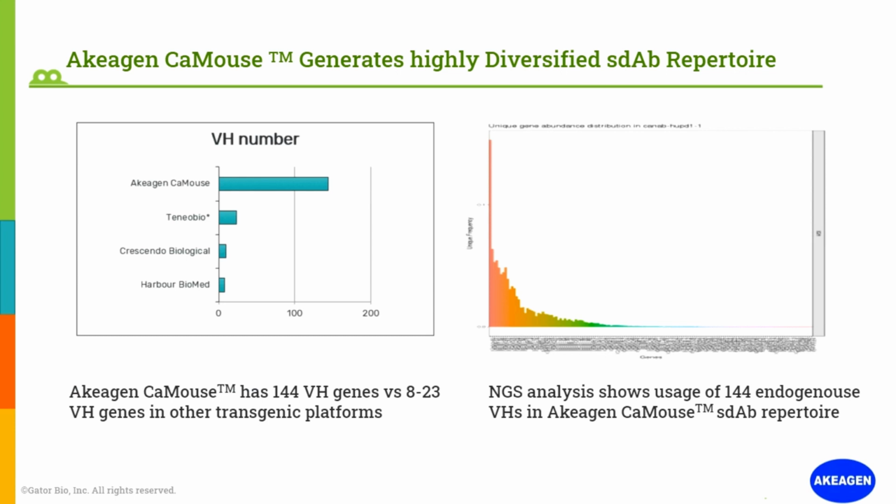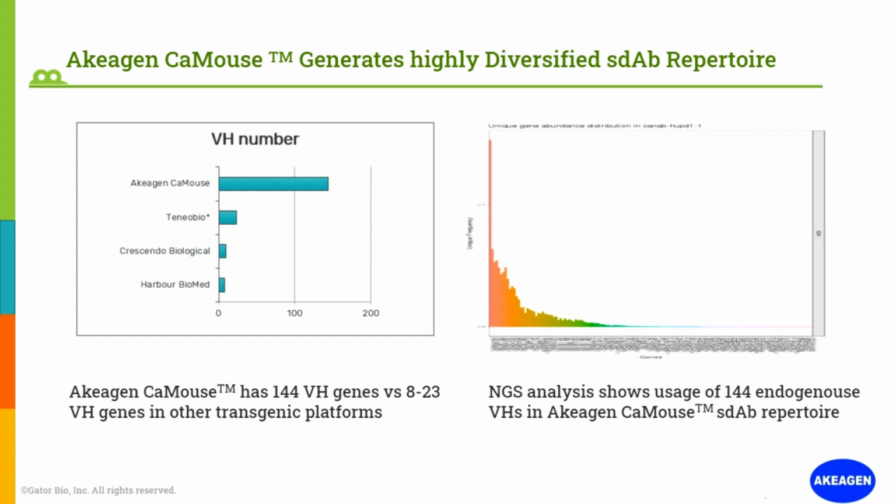The number of VH genes in those transgenic mice or rats is limited to 8 or 20 VH genes. However, in the mouse genome, there exist 144 functional VH genes. So we take advantage of that huge number of VH genes in the mouse genome, and we tested whether all those VH genes can generate heavy chain only antibodies.